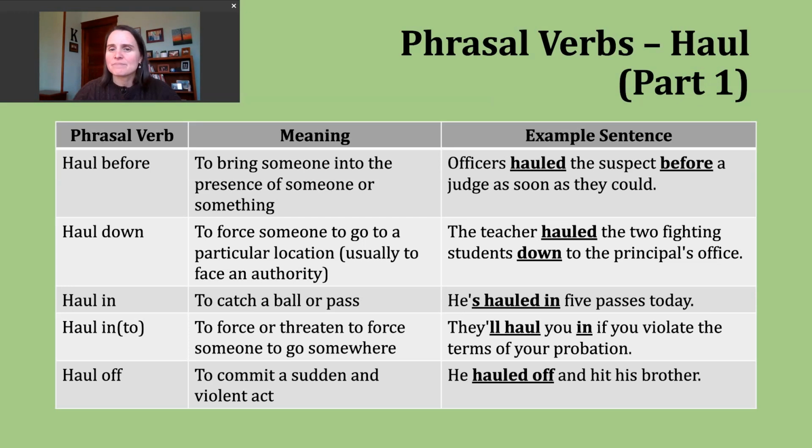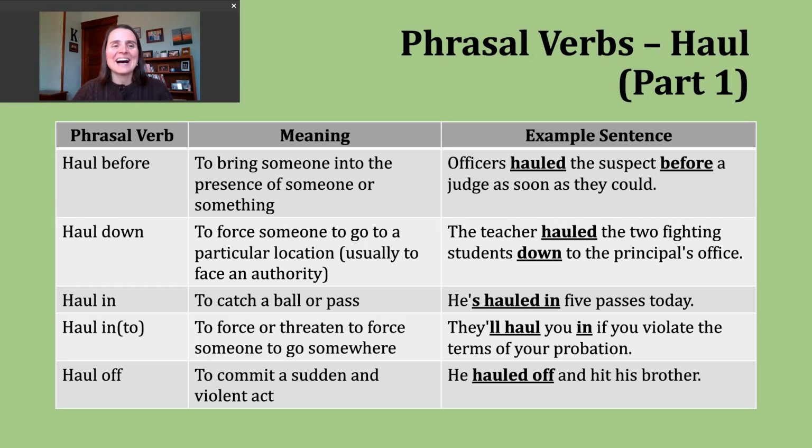An example of this: the teacher hauled the two fighting students down to the principal's office. So the principal is generally in a position to give harsher consequences, harsher punishment than a teacher, right? That is the authority here. This is another example of a simple past tense sentence.